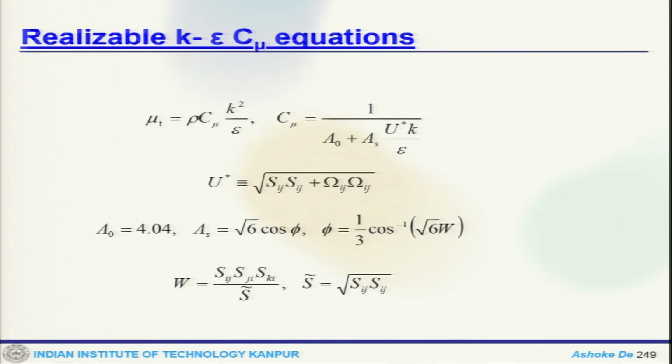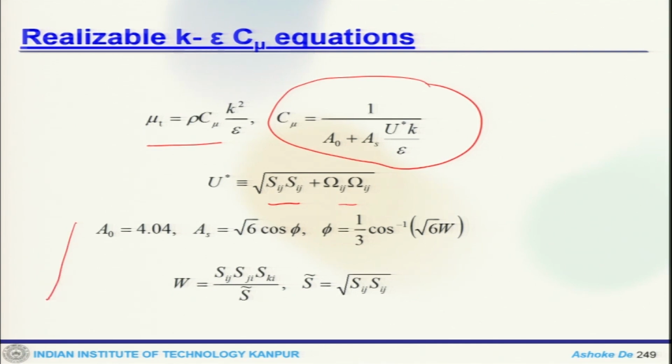Here the model constants are estimated, like mu t is estimated with a model constant C mu and K squared by epsilon, where C mu takes care of this effect, it is not constant anymore. Then U star takes in both the strain and the rotation part. So, this is the rest of the parametric constants.